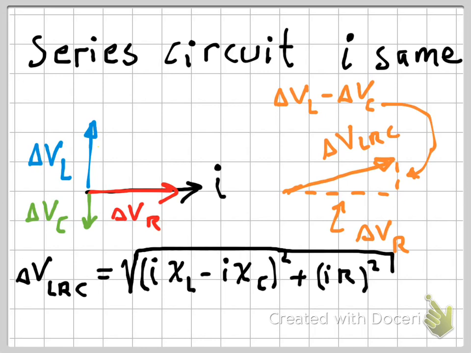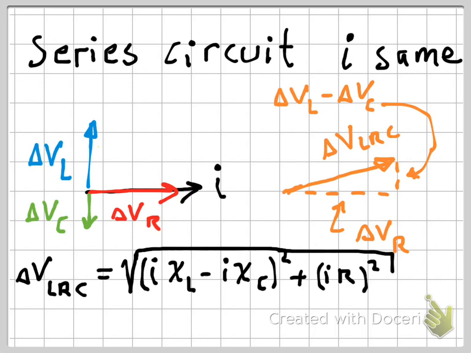The peak voltage of the inductor, resistor, and capacitor together is going to have a value of the square root of the voltage of the inductor minus the voltage of the capacitor, squared, plus the voltage of the resistor squared. Remember that the peak voltage of the inductor is the peak current times the reactance of the inductor, and the peak voltage of the capacitor is the peak current times the reactance of the capacitor.